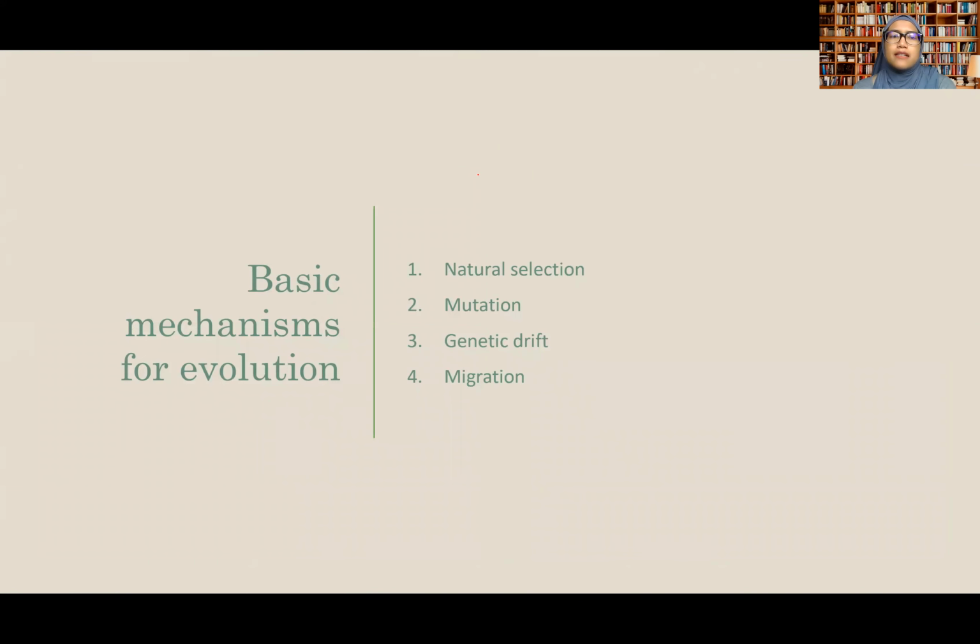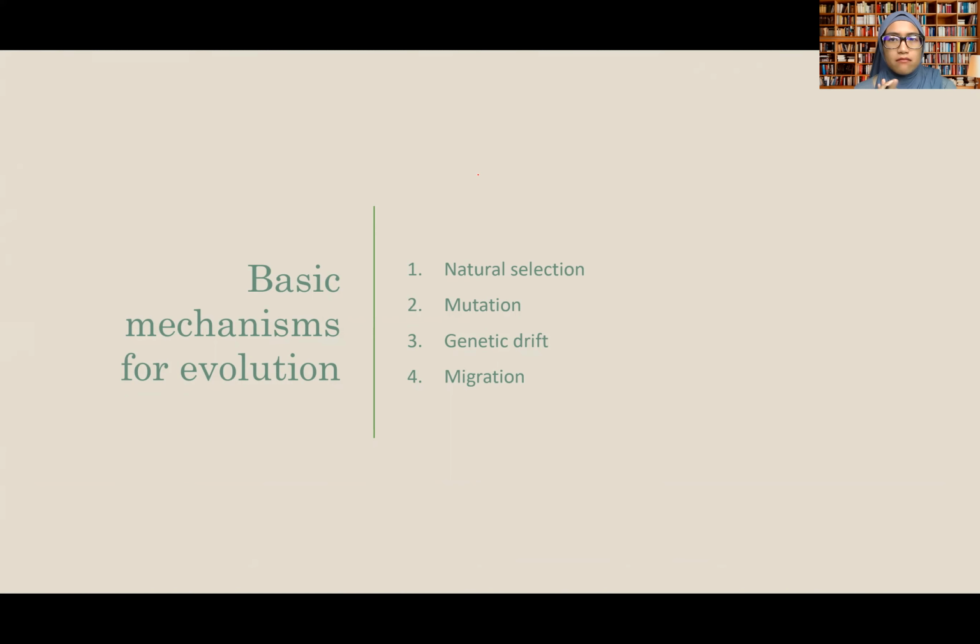So the basic mechanisms for evolution, there are four: natural selection, mutation, genetic drift, and also migration. Natural selection, I think most of you have heard about it. Mutation, I think most of you have heard about it.